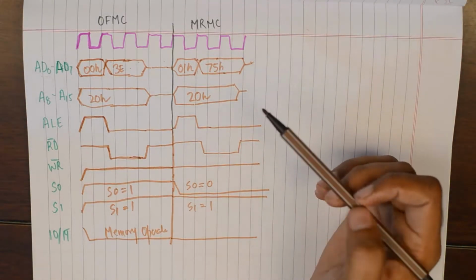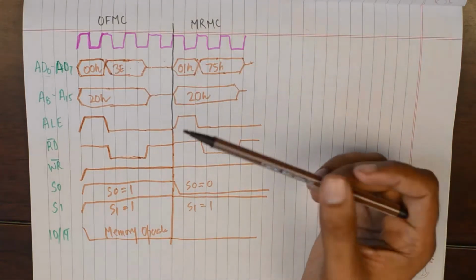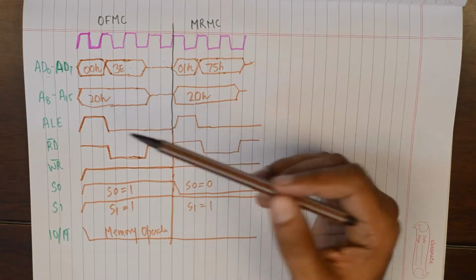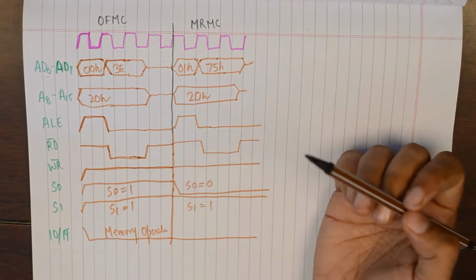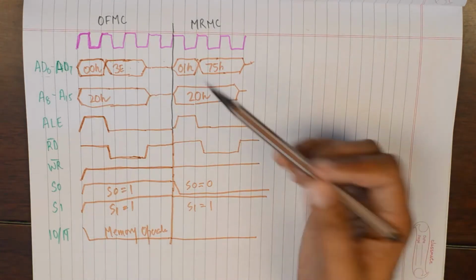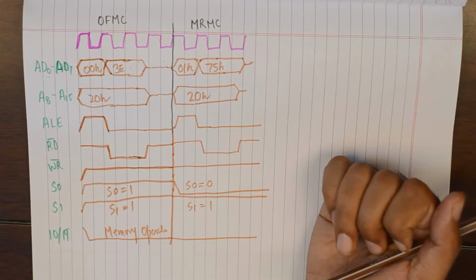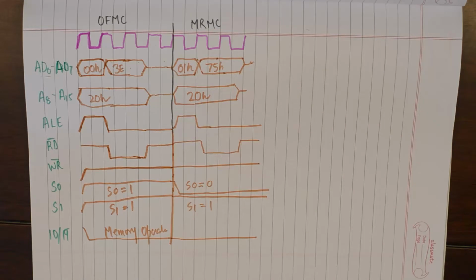Now, all the pins in all the T states have different sets of values. They are either 1 or 0. What are they carrying? This all is being depicted graphically by the timing diagrams.